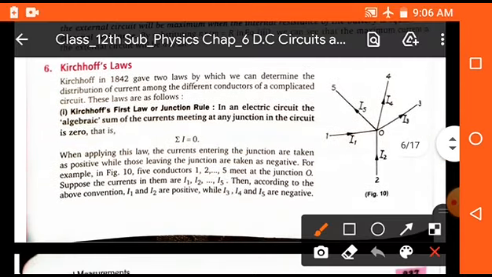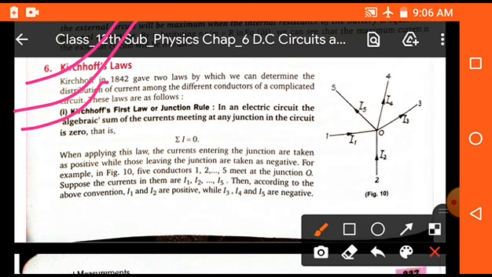Now students, we will discuss here the most important and most valuable topic, because from this topic in the board examination one numerical problem or theoretical problem is surely asked. So Kirchhoff's law is divided into two parts. Kirchhoff's first law is also known as the junction rule.